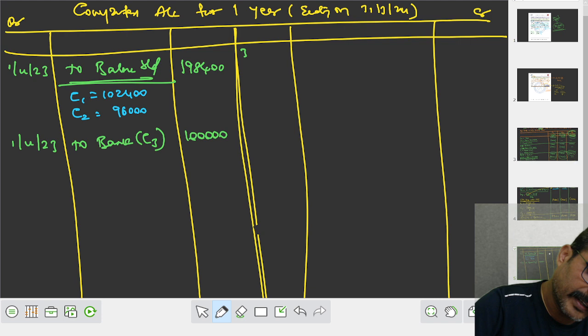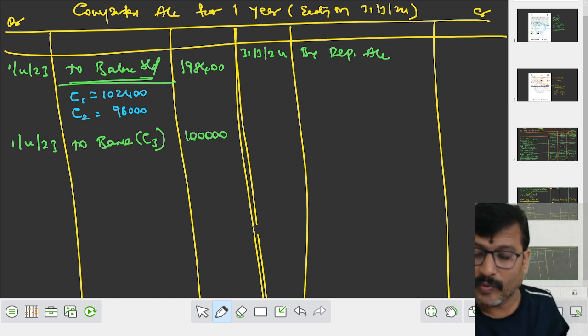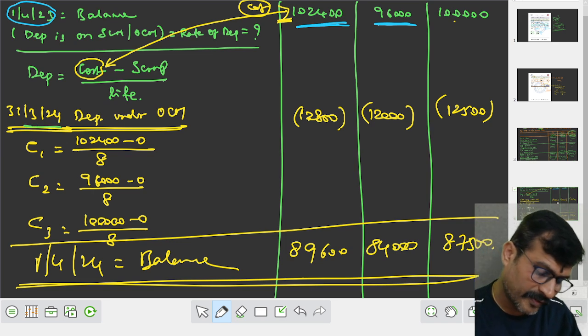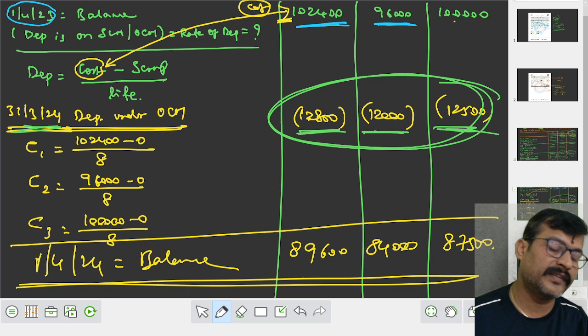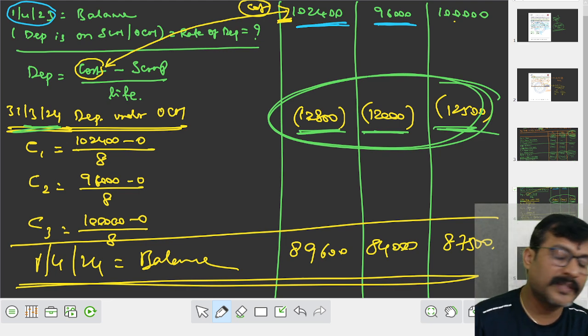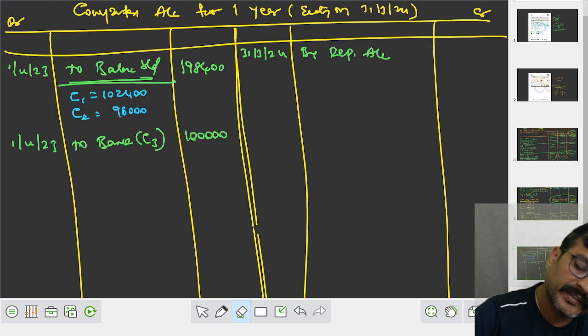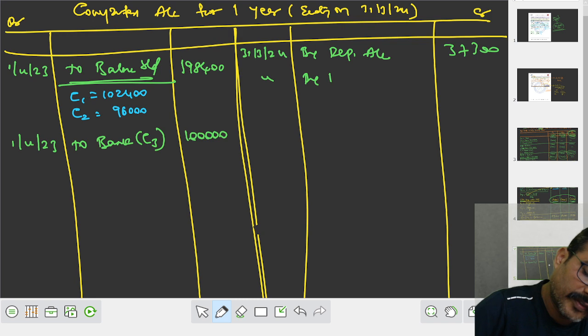At the end of the year, no computers are sold. On 31st March 24, we have to calculate just the depreciation account. What was the depreciation in March 24 for all the three computers? 12,800 plus 12,000 plus 12,500. The total comes to rupees 37,300. Use a calculator and work out the total. Put a dot for the dates.